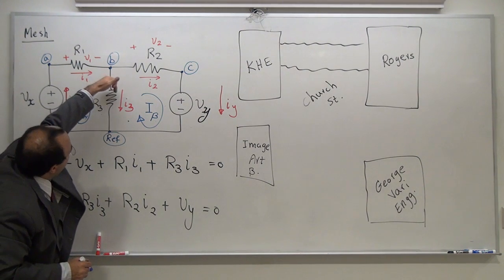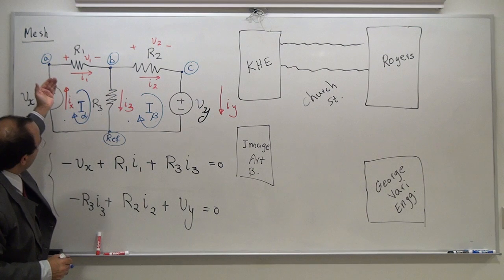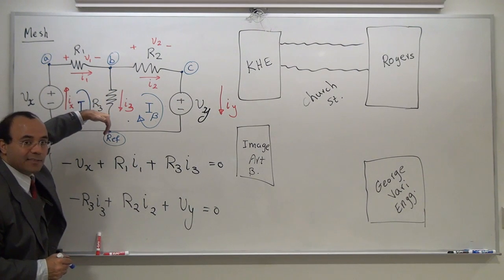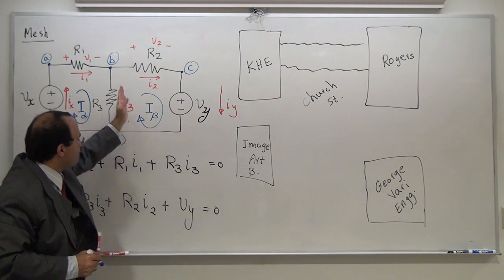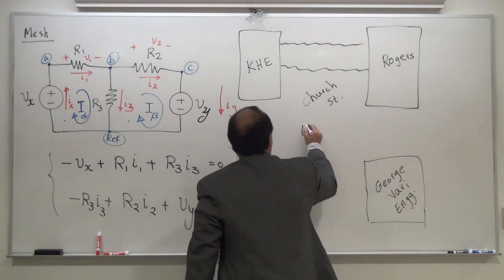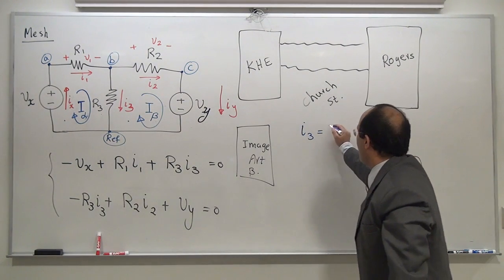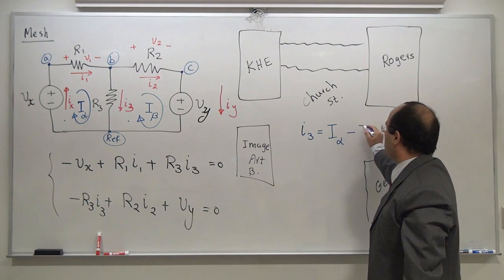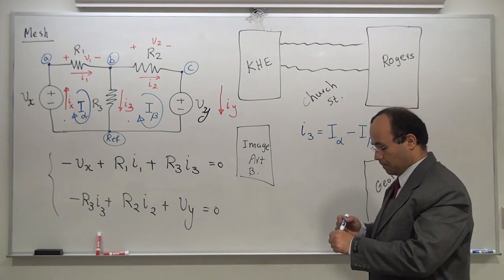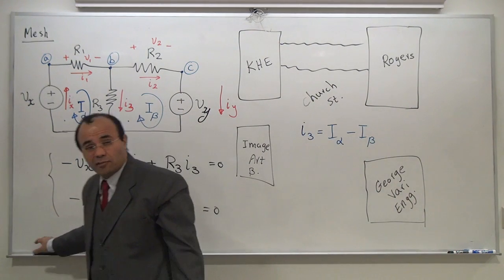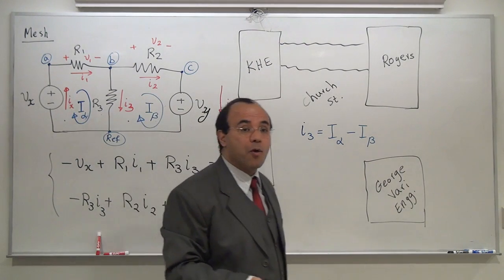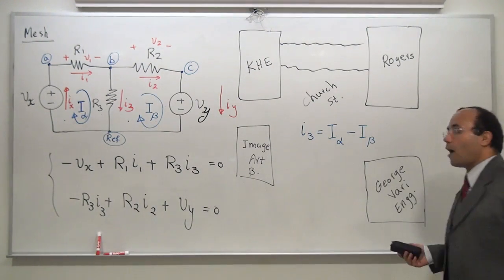I'm going to say I3 is equal to I alpha, that is in agreement, minus I beta. Take a look. I3 is equal to I alpha minus I beta. What is I3? I3 is the component current. What is I alpha?